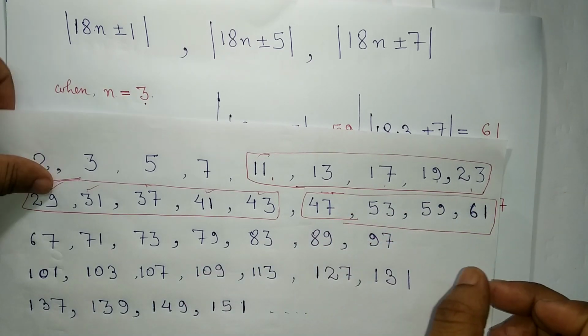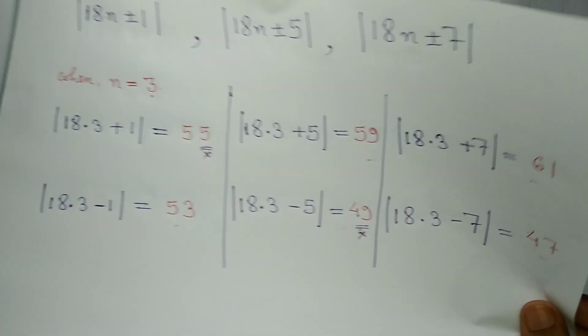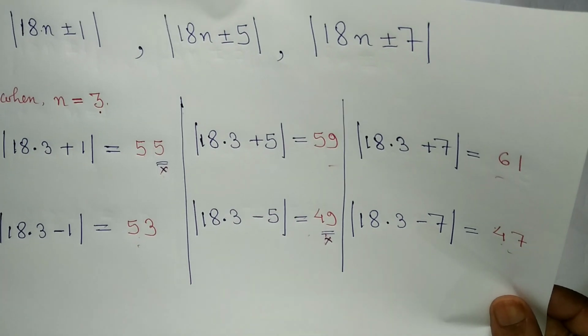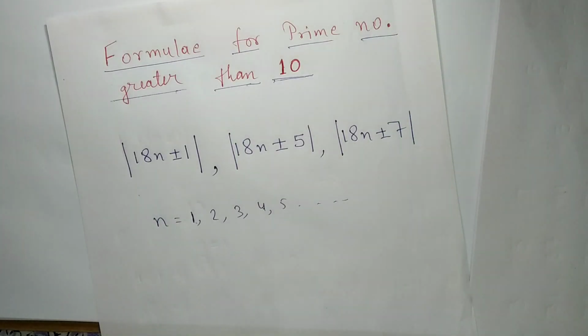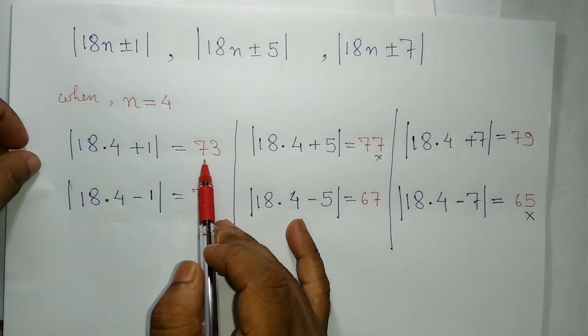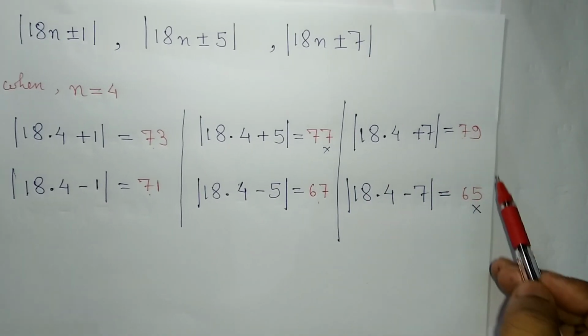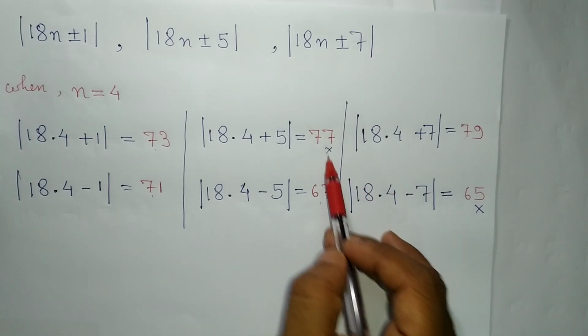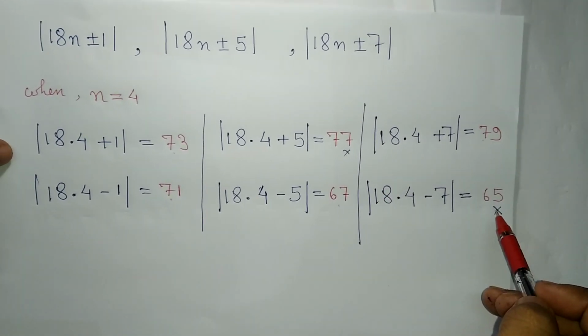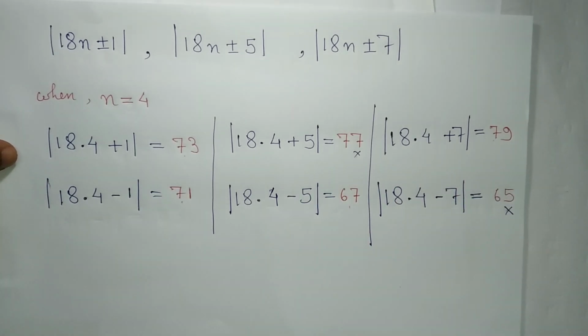Clear? Now next, when n equals 4, we see here 73, 71, 67, 79. Only 77 and 65 are composite, but the rest 4 are prime.